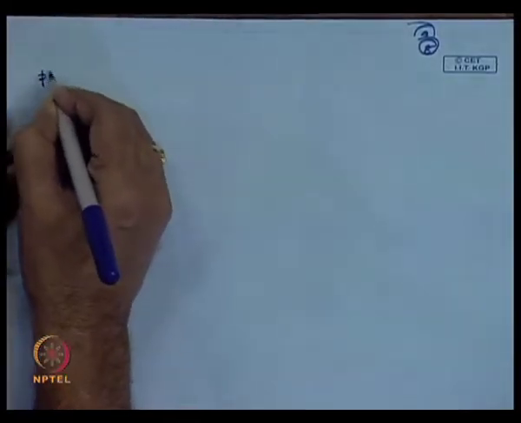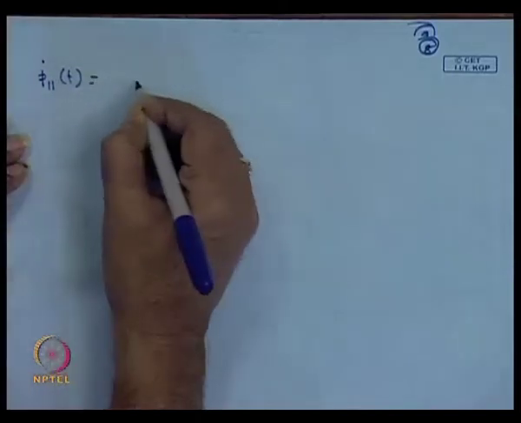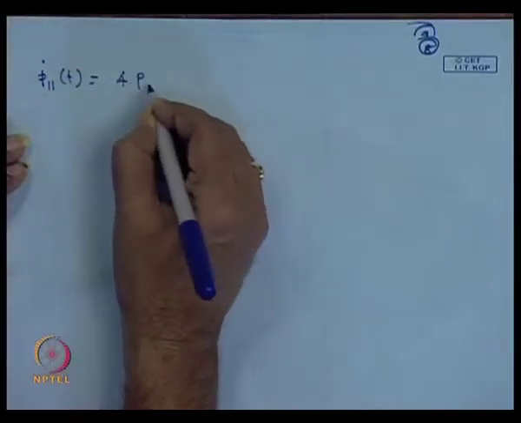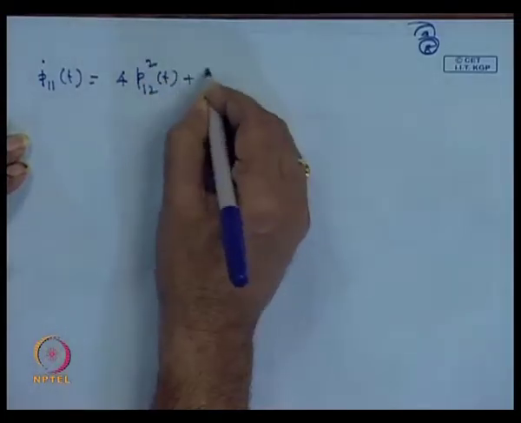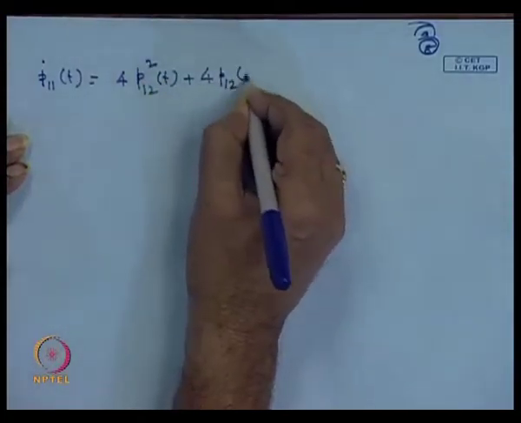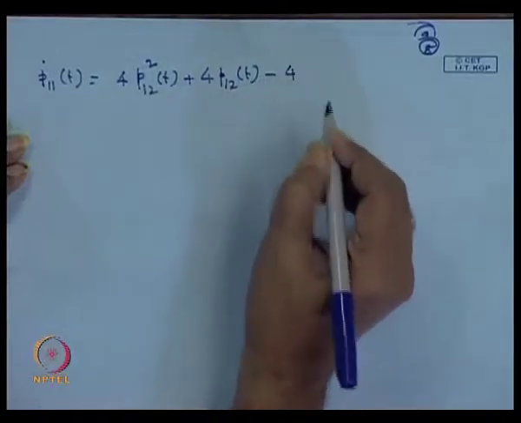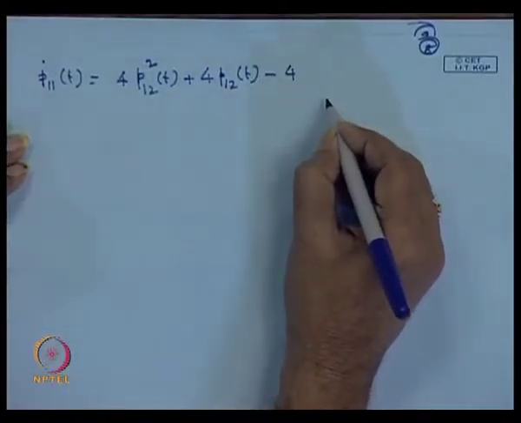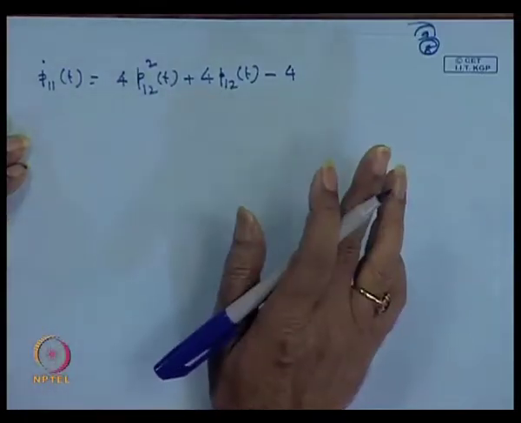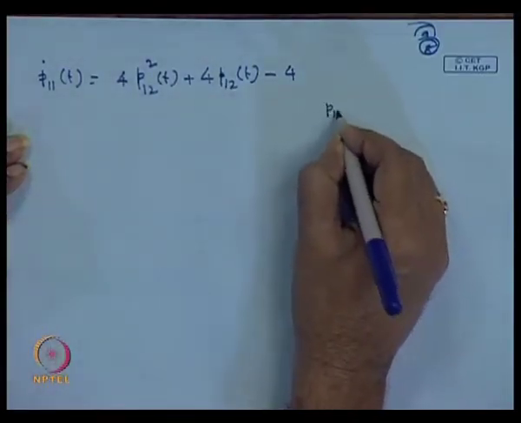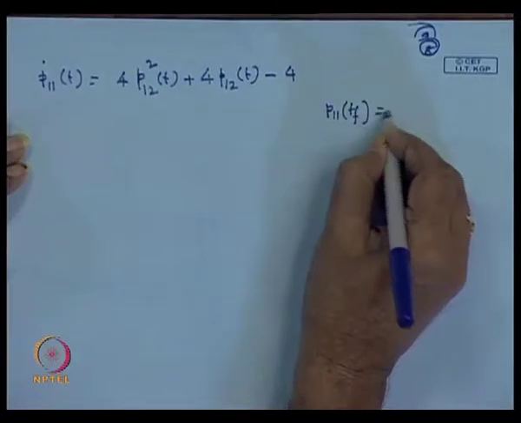If you do this, then you will get P11 dot of t equal to 4 P12 square of t plus 4 P12 of t minus 4, and we know the final terminal condition of P, I can write P11(tf) equal to 1.